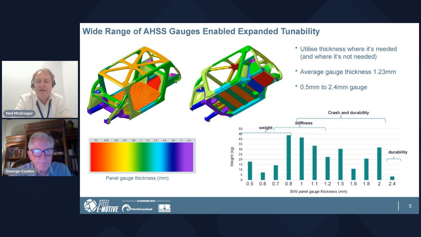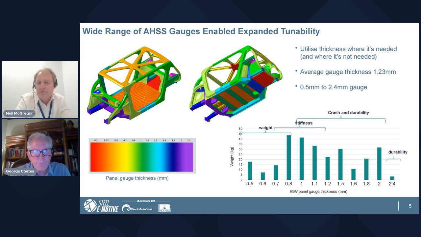That allows us to get the strength and the stiffness that we need in the specific regions of the body in white. The images that you see here show the distribution of the gauge thickness throughout that body in white. The average thickness is around 1.23 millimeters. You can see that we've used gauge thicknesses down to 0.5 millimeters where we've got particularly large panels, which are more weight sensitive.